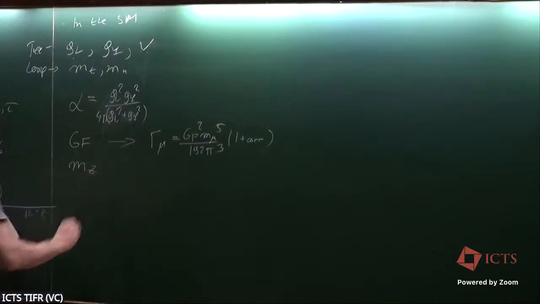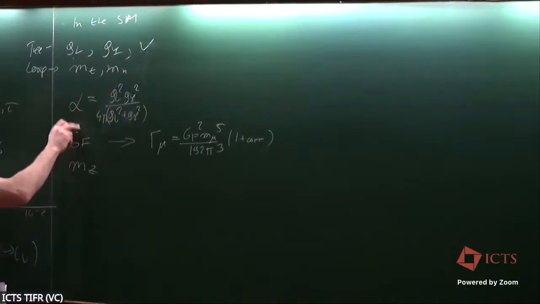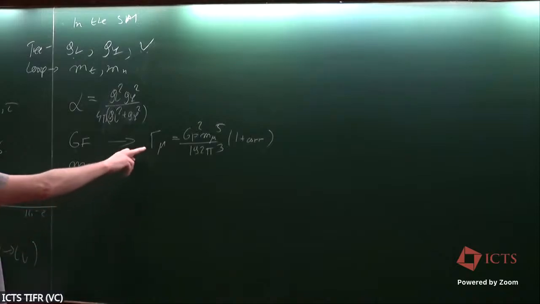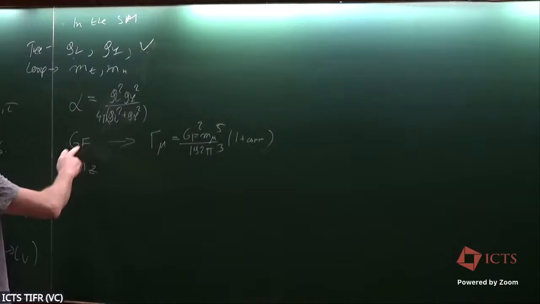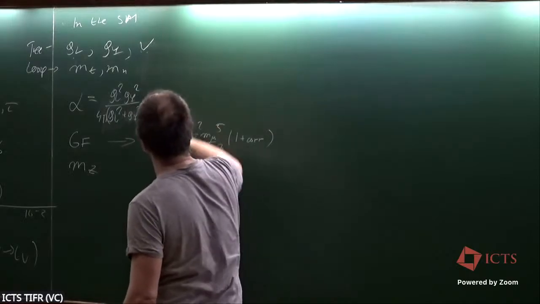So we have to take one of the observables of this precious set to determine our standard model parameters. So we have 3 observables. By the way, I have to say how GF is related to the electroweak parameters.